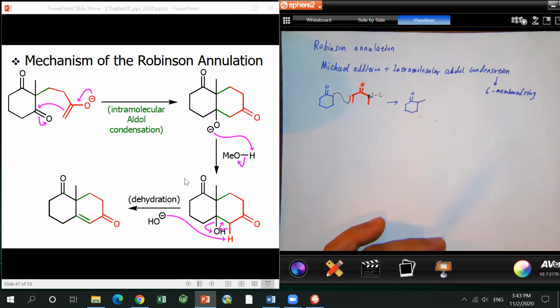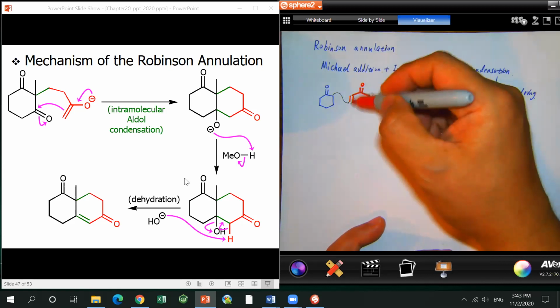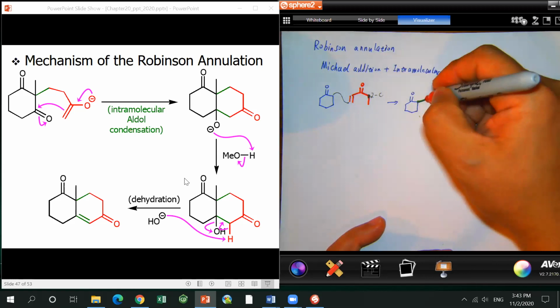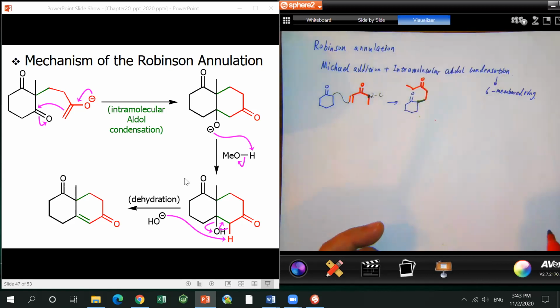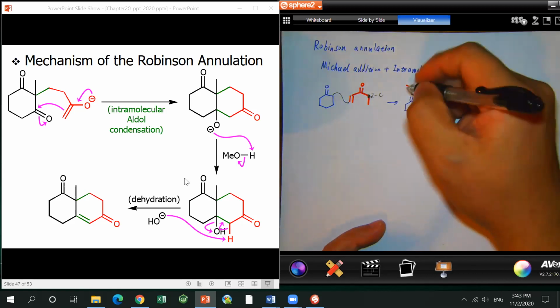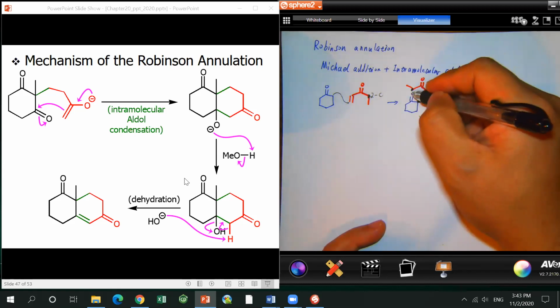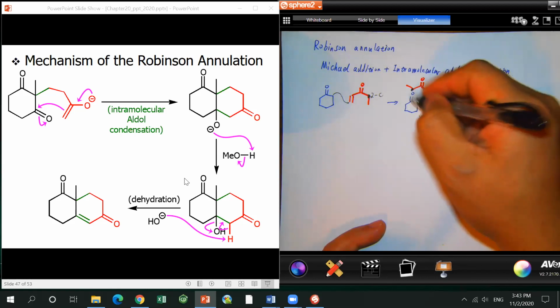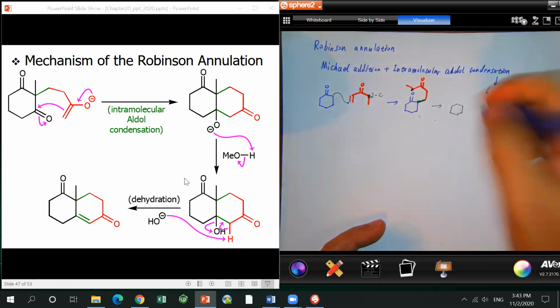Then make this double bond saturated. So we count carbon numbers, and then following this alpha carbon, we will attack this carbonyl carbon, and that here we call the aldol condensation.